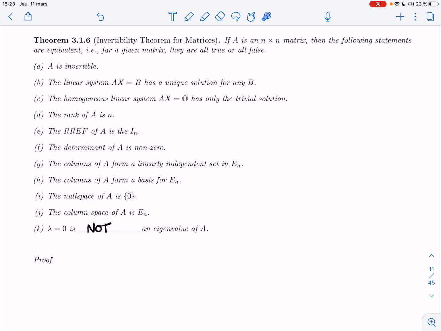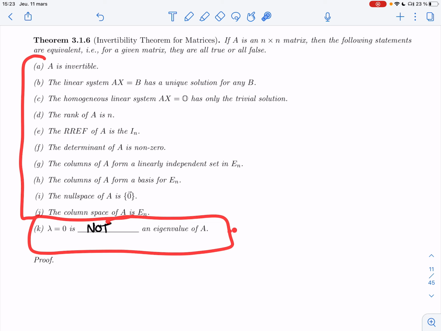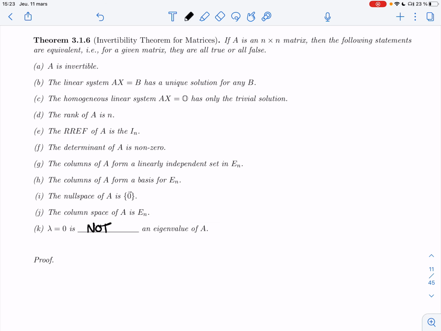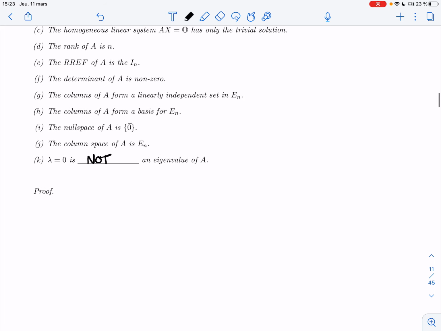We know all of these are equivalent, so let's just look at this one and try to prove that it's equivalent to this one, determinant is non-zero. So we'll prove that F is equivalent to K, and that's going to be enough.